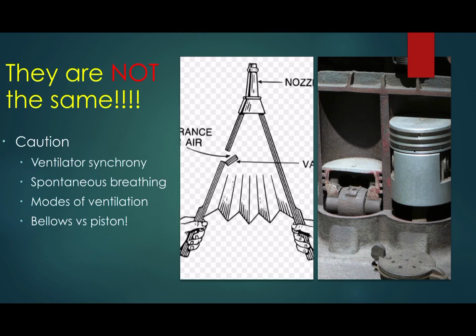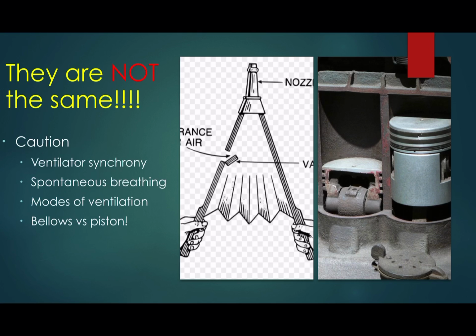Some of the newer ones have the new modules which allow for a pressure support, and so the spontaneous breathing of patients, and then allowing for the ventilator to give a bit of additional support when taking those breaths. But it should be noted that the way in which the pressure support works in an anaesthetic machine, especially the older ones with the bellows, is not the same as the new modern day intensive care machines or the new anaesthetic machines.